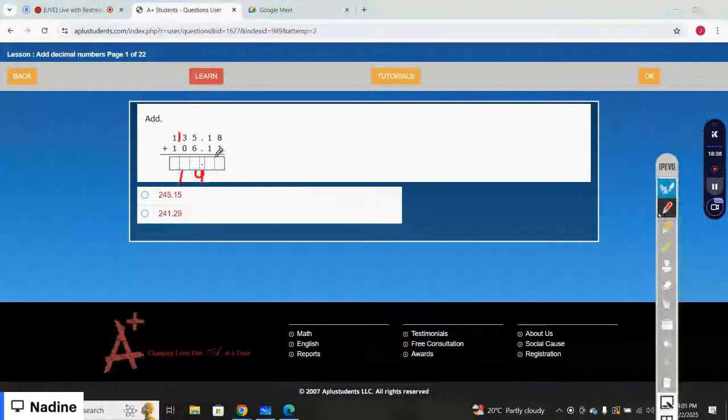Now start adding from the rightmost digit. That is 8 plus 1 is 9. 1 plus 1 is 2. 6 plus 5 is 11. Carry 1. 3 plus 1 is 4. 1 plus 1 is 2.